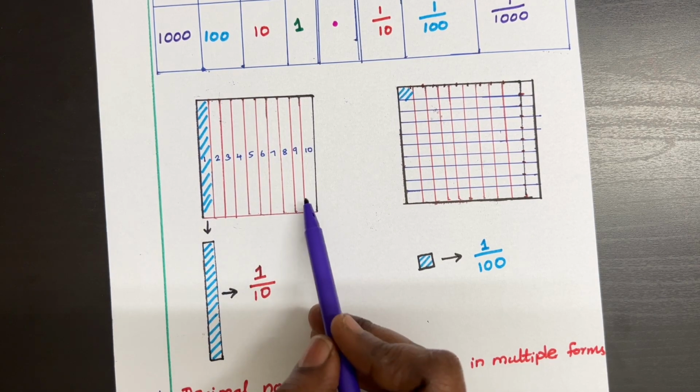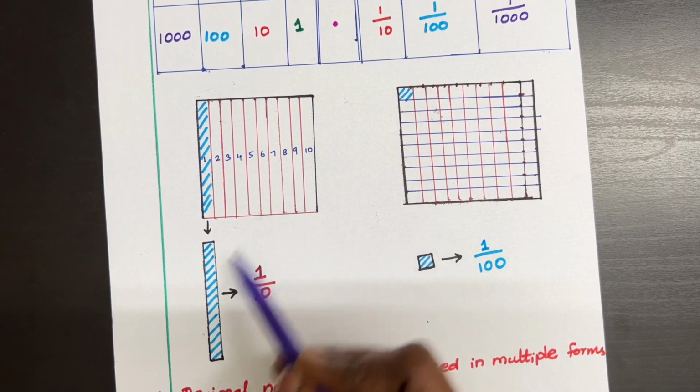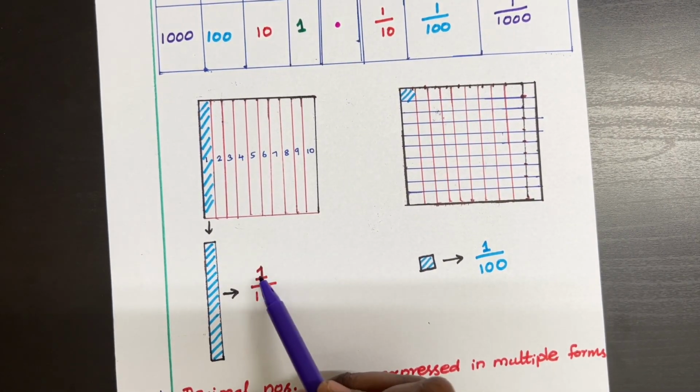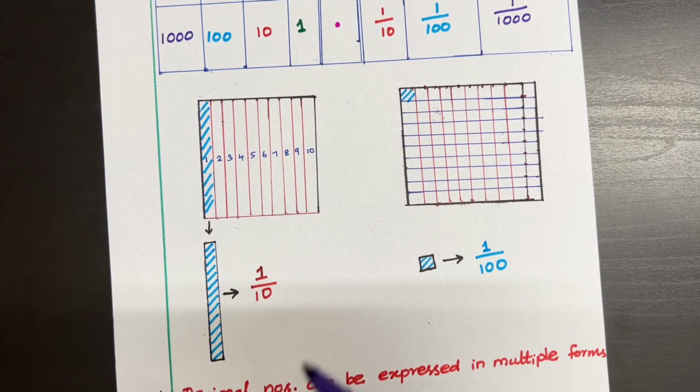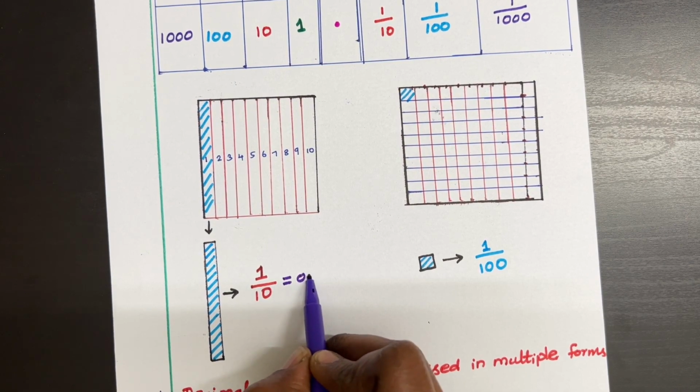The whole is 10 and I am taking only one out of it. So 1 divided by 10, that means only one piece from 10 pieces. This is the fraction, which is nothing but 0.1.